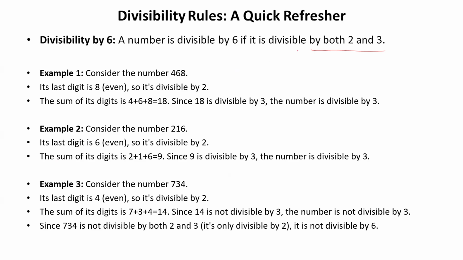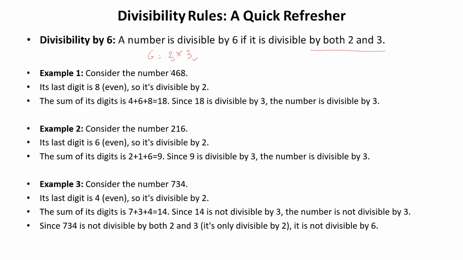You already know how to check whether a number is divisible by 2, and you already know how to check whether a given number is divisible by 3. And why 2 and 3? Because 6 is equal to 2 into 3. So, if a number is divisible by 2 as well as 3, it will be divisible by 6 because 6 is nothing but 2 into 3.